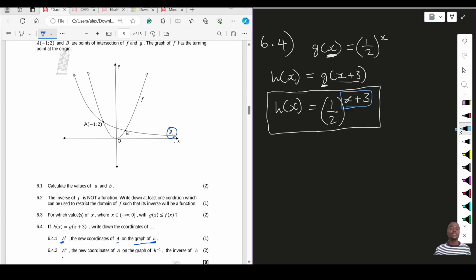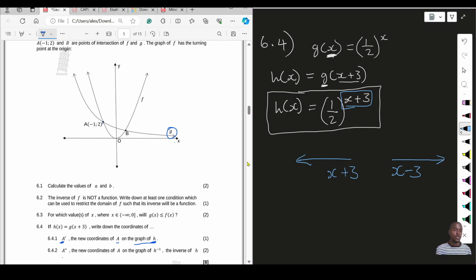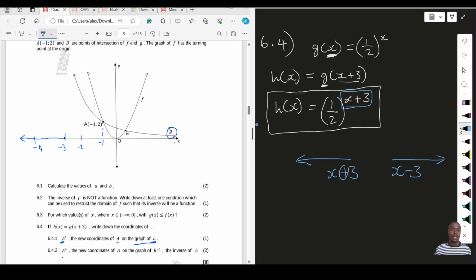Remember that on the x-axis, when you say x plus 3, it means the graph moved 3 units to the left. But if you say x minus 3, it means the graph moved 3 units to the right. So that is what is going to happen. Here we have -1, then -2, -3, then continuing, -4. So the graph will move 3 units to the left because it's plus here.